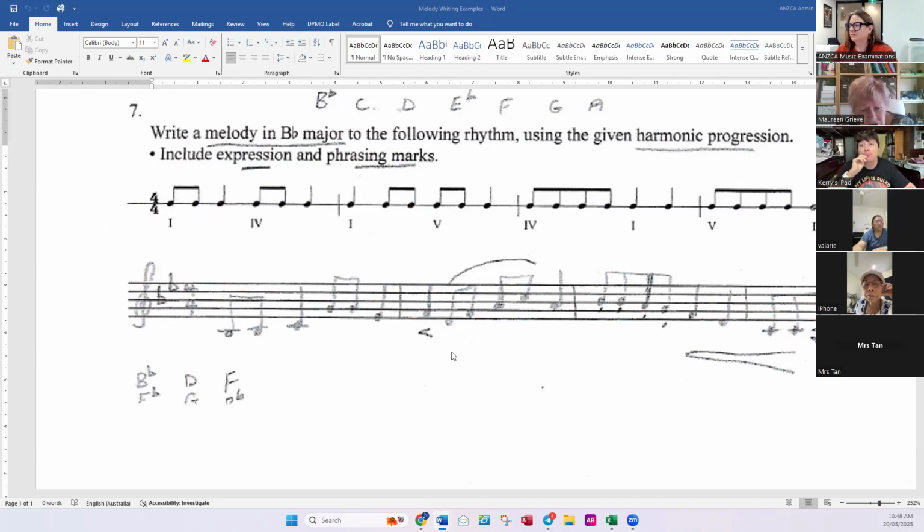Yes, the student has got a 1 at the start, but then that F passing note is a note of the 1 chord, but then it leaps up a third to a note of the chord 5. And it's more or less an upward progression, almost an octave from the D up to the C.